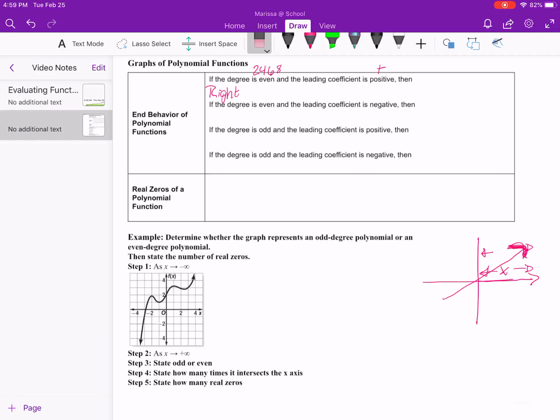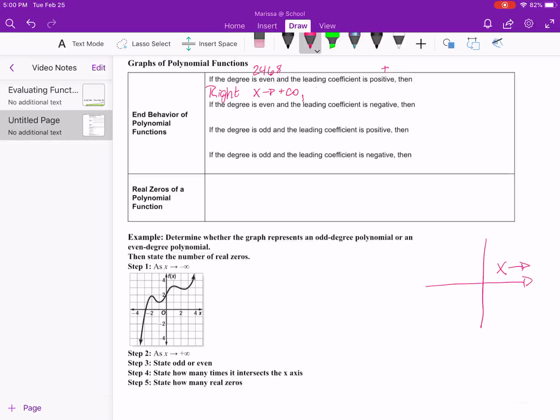Sorry, I'm looking at a different set of notes and I'm writing it backwards. So let me explain it this way, again with the graph. As our x values increase, so x approaches positive infinity, as our x values get larger and larger, then our function, our polynomial, is also going to be approaching positive infinity.